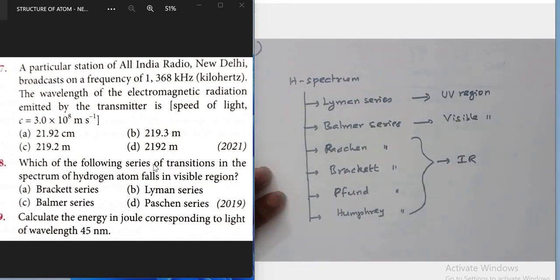Remember this, it is very important. So for question number 8, the answer is Balmer. The correct option is option C. Take down option C.